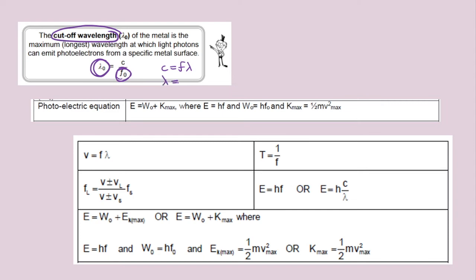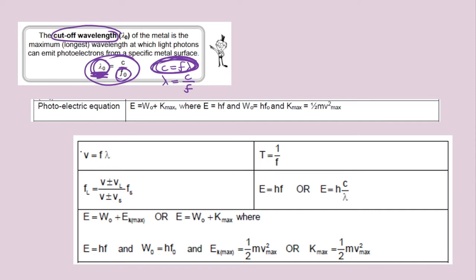We solve for lambda and we get c over frequency. So if ever they give you the cutoff wavelength, remember you can calculate the frequency using this equation, which is basically one form of the equation that is given to you on your formula sheet. Except on your formula sheet, if I'm not mistaken, they often, yes, they do.